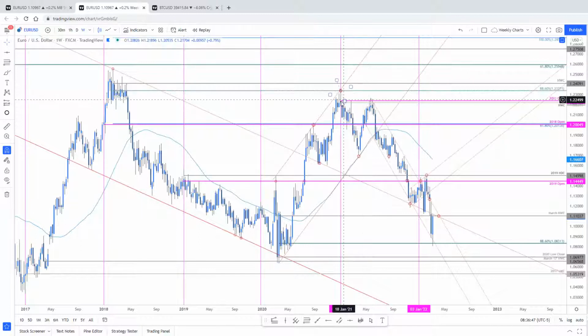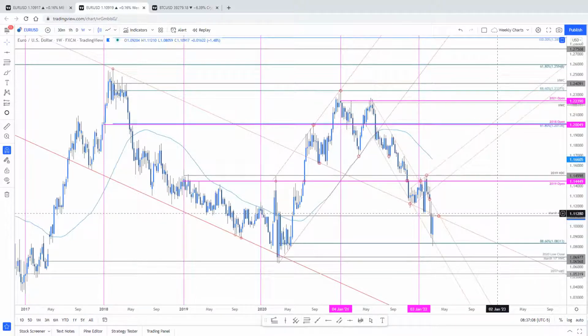All right, the decline off of that high just rebounded off the 88.6 retracement of the 2020 ascent. You see something here coming out? It's an interesting pattern. So if this did cause some sort of intermediate low, near-term resistance is 111.03.